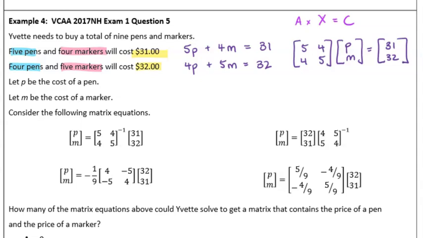Now, here, all 4 of these solutions or options have got PM as the leading matrix there.